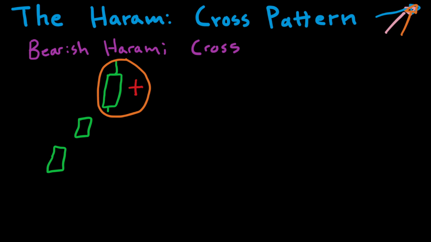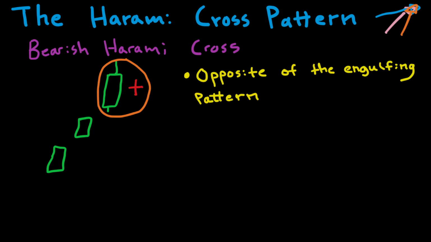And now before looking at the chart, I just want to take a look at some more interesting things here. One thing is that it is the opposite of the engulfing pattern. As you can see, if we switch the places of these 2 candles, we would have a red one, a red doji, and then a green one that engulfs the prior candle.